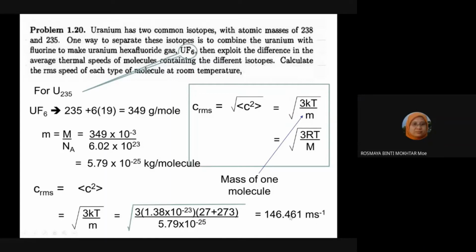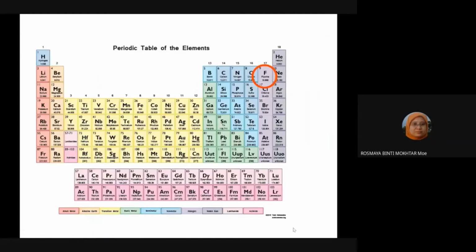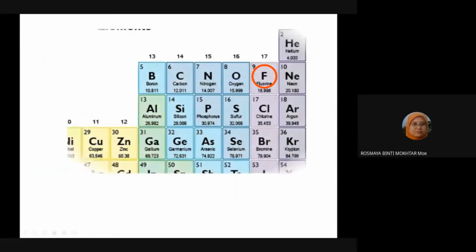We write to 3 decimal places here because the mass is very small and we are going to compare with uranium-238 later. So we do the same for uranium-238. Fluorine is 18.998 in the periodic table, which I wrote as 19 just now.